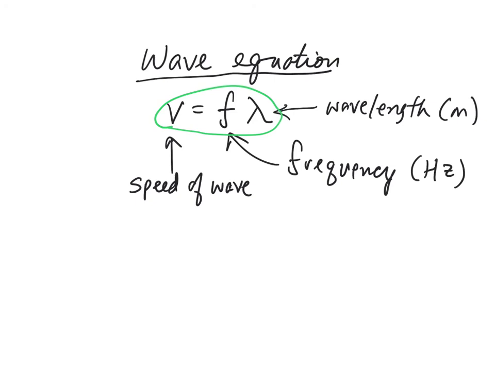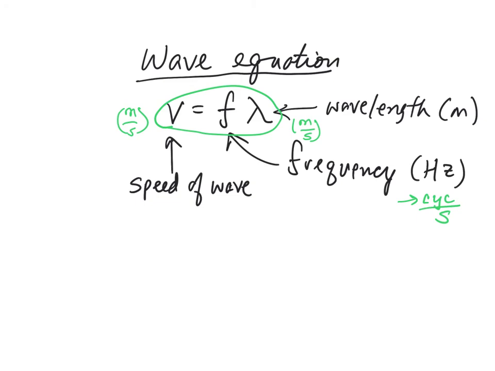And lambda is the wavelength, measured in meters. Remember, frequency is in hertz, that's cycles per second. A cycle is not really a unit, it's just a count of a number. So when you multiply it times meters, the cycle goes away. And the units on the right side end up being meters per second, which is consistent with what you would expect on the left side for velocity, also meters per second.